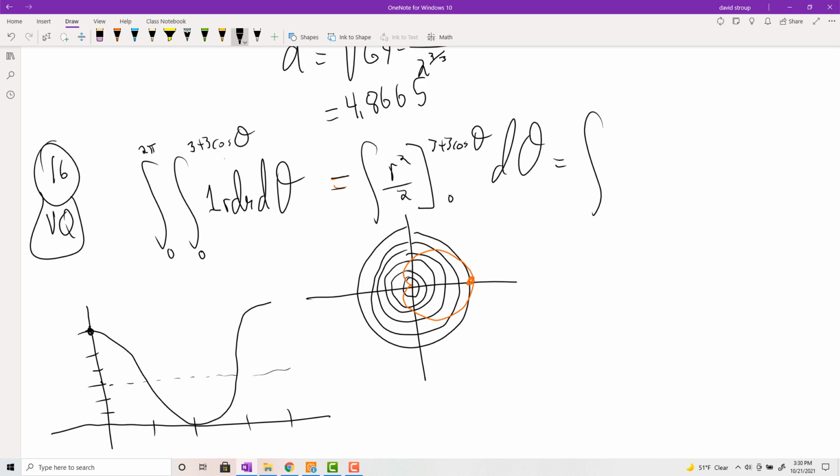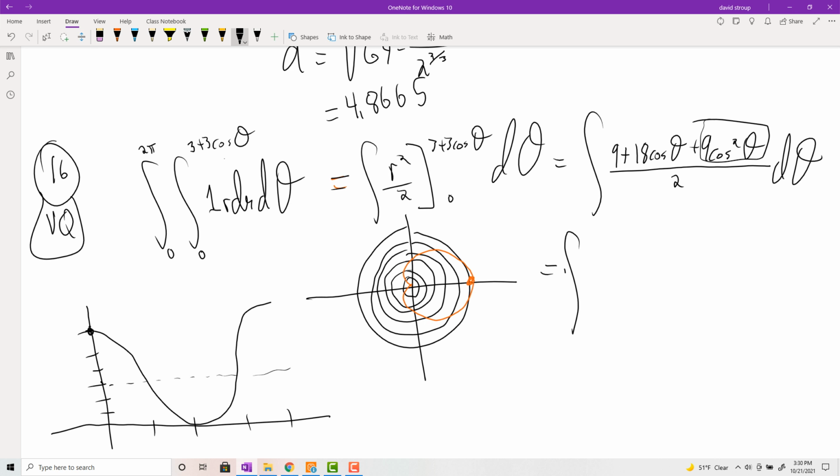It'll be expanding 3 plus 3 cosine theta when you put it in for r squared, so it'd be 9 plus 18 cosine theta plus 9 cosine squared theta, all over 2. I'm going to have to do a power reduction formula on this. So I'm going to get the integral, let's factor out the 1/2, right? Well, we better not, because I can see into the future.